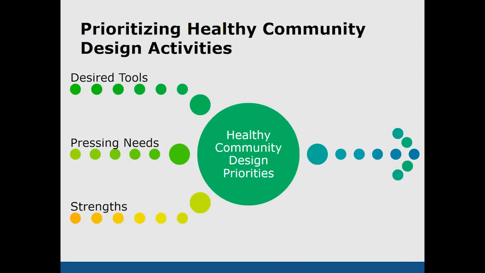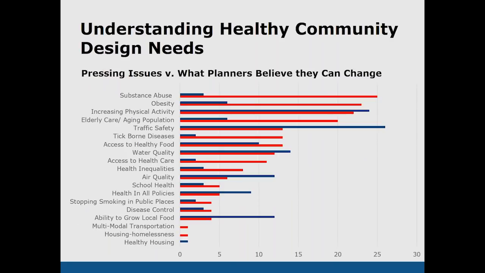So we sought to also identify some of the priorities that we could do. Being a very broad topic, it's important to hone in on the most important aspects. So we looked at desired tools that planners needed, as well as what the most pressing needs were in communities in Pennsylvania and what strengths planners could bring to the table.